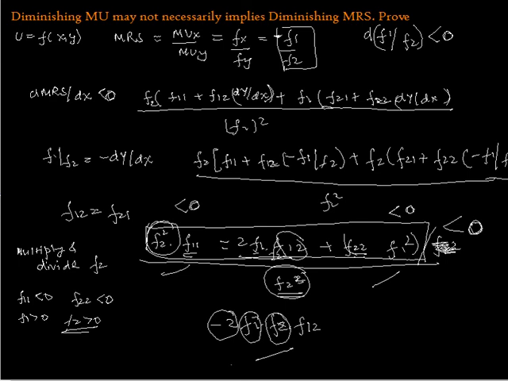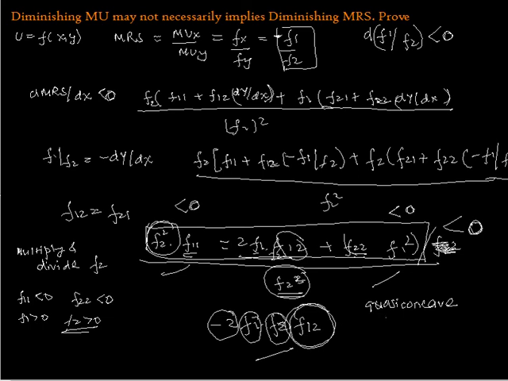But this doesn't ensure from f11 less than 0 and f22 less than 0 that f12 is positive. That is, diminishing marginal utility may not ensure that f12 is positive, and will not ensure this inequality. If the function is quasi concave, then f12 could be positive, but this is not coming from the fact that marginal utilities are diminishing.